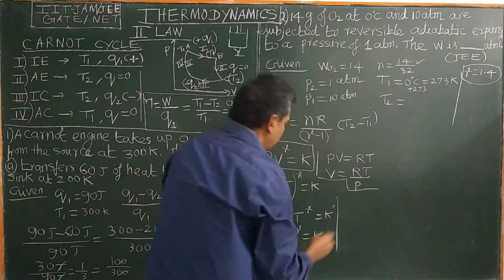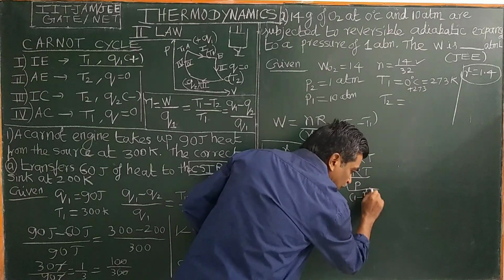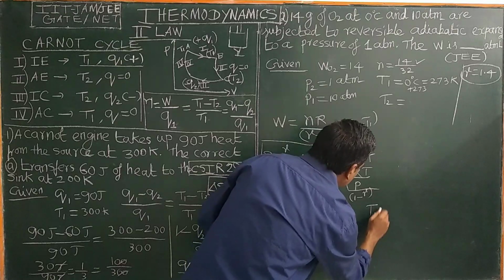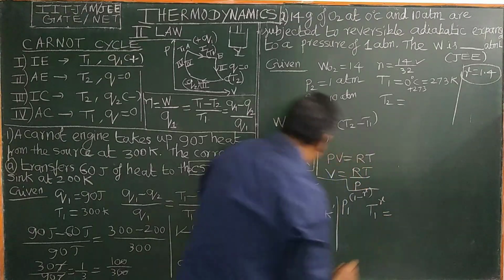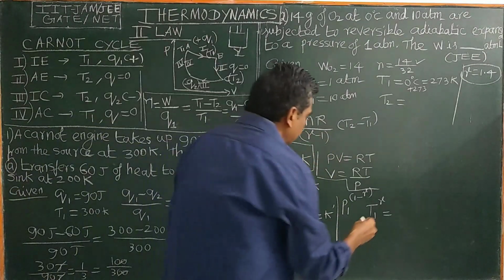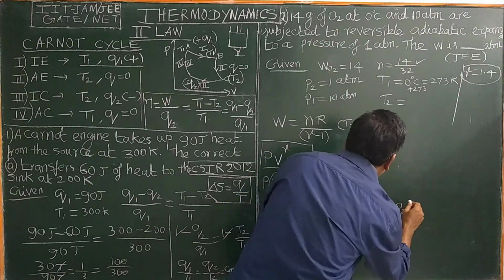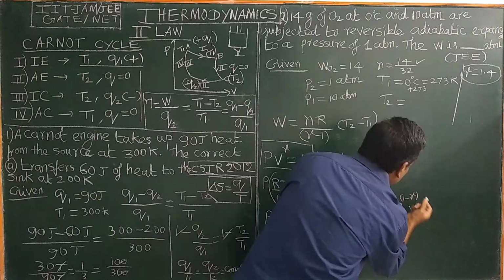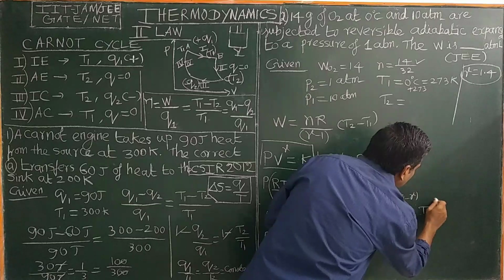Therefore, P1 to the power 1 minus gamma times T1 to the power gamma equals P2 to the power 1 minus gamma times T2 to the power gamma.